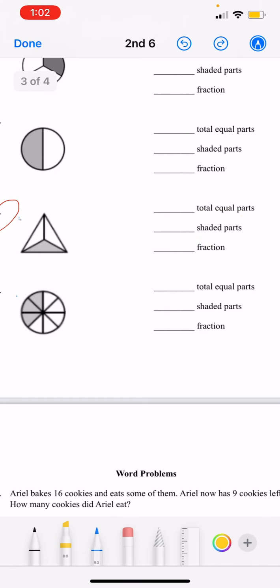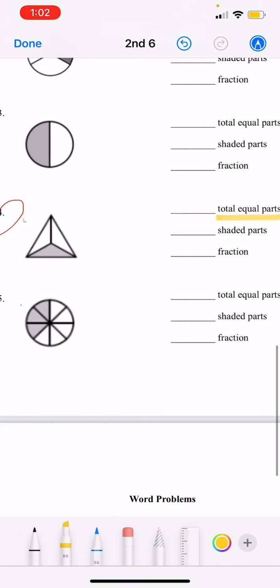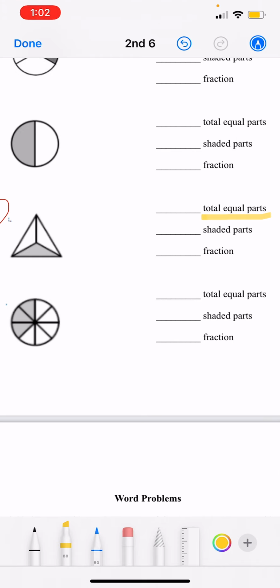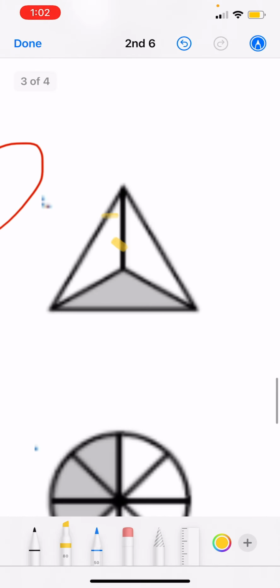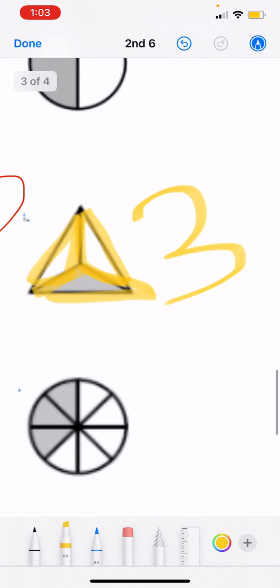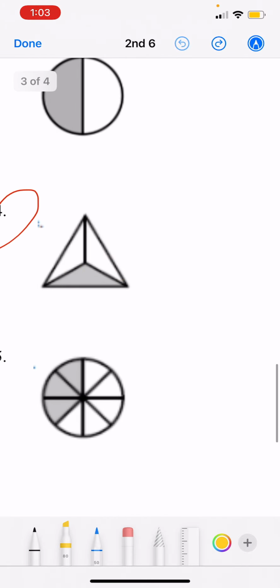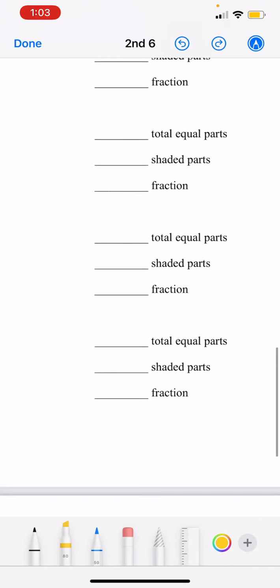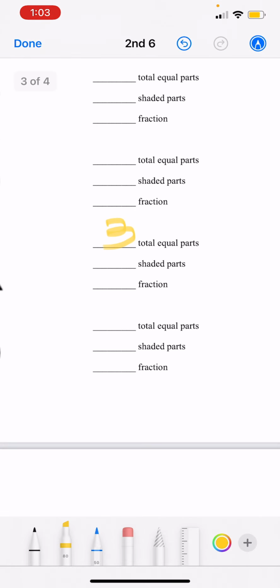Okay, let's do it. So the total equal parts. When they ask for total equal parts, they want to know how many parts have been sliced. So let's count. It's been sliced once, and twice, and thrice. So it's been sliced 3 times. Let's write that. That is our first answer, 3.